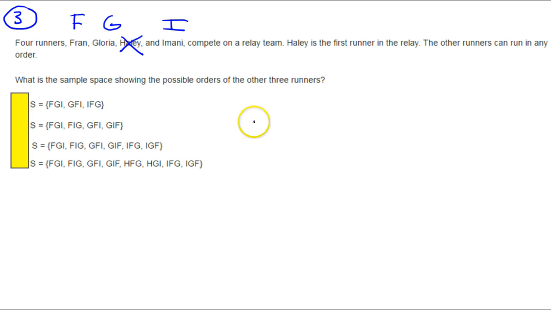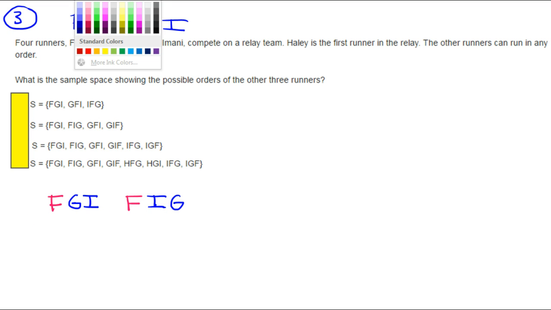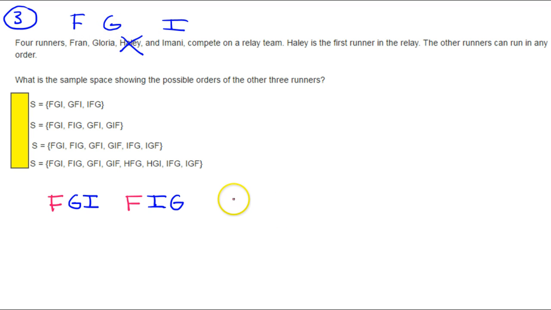So let's start with Fran as the first person. So it could be Fran followed by Gloria and then Imani. Or it could be Fran and then Imani and then Gloria. Now let's do the ones if Gloria is first.